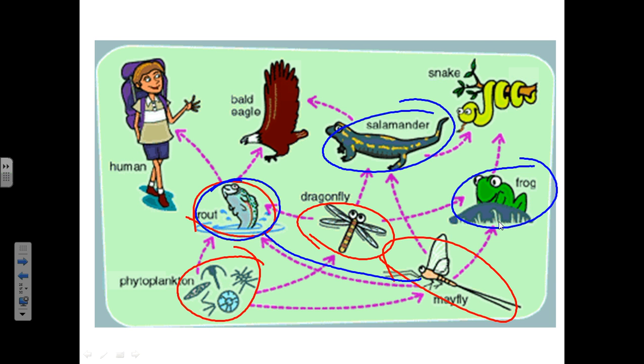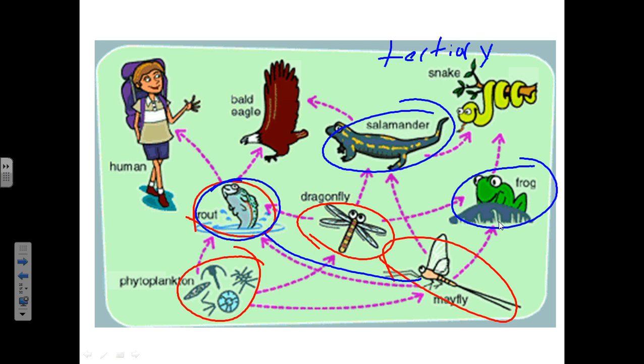Then if we look at the frog, it gets eaten, it looks like, only by what? The snake. So we go primary, secondary, to what? What means third? Listen, tertiary means third. So that's a tertiary consumer. And I'll put that word back up on another place in a minute.